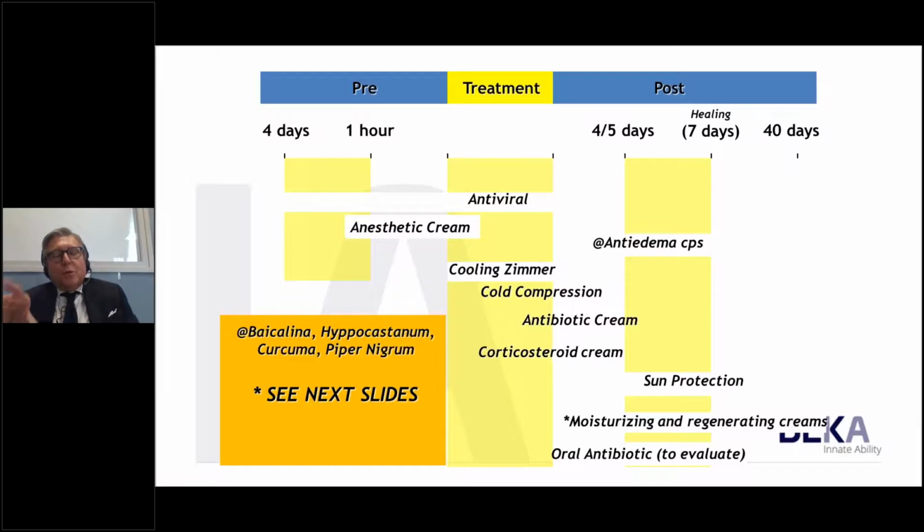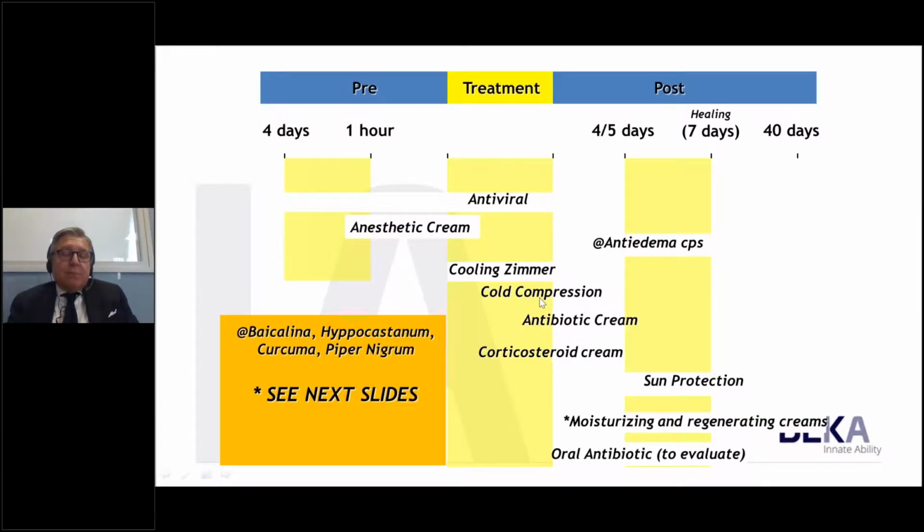So we apply the topical 1 hour before. On the day of the treatment, we use the antiviral, normally acyclovir, and we can use a cooling Zimmer together for reducing the pain sensation. And immediately after, during the procedure, we have to remove the scratching with wet gauzes.